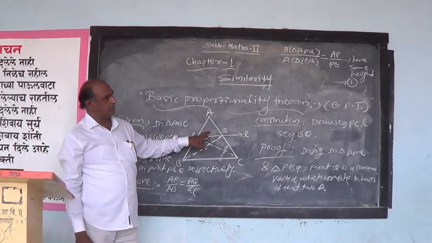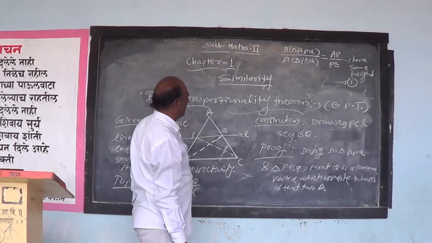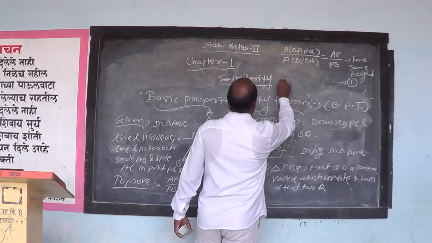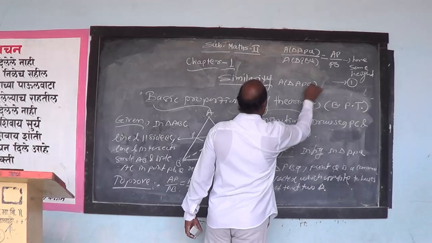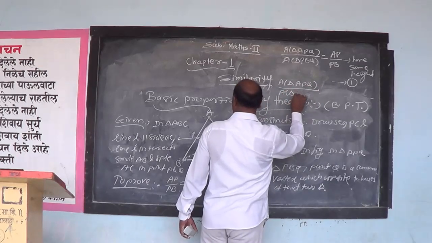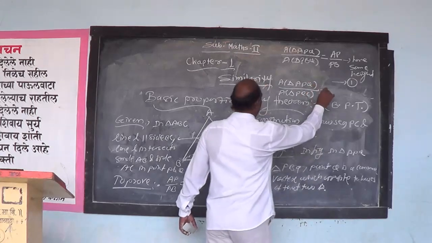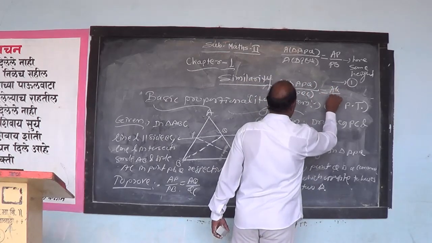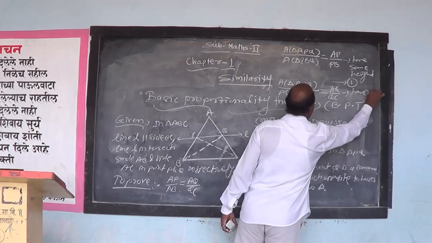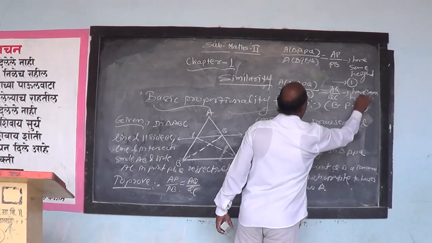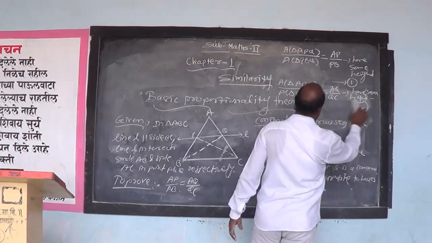Therefore, we get a new relation: area of triangle APQ upon area of triangle PQC is equal to AQ upon QC. Now same height. And this is equation number second.